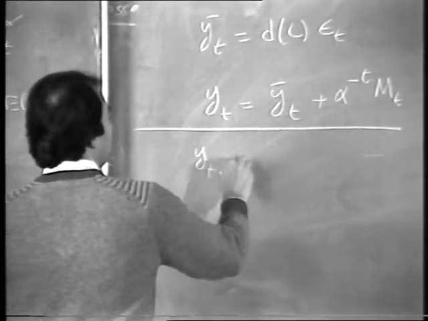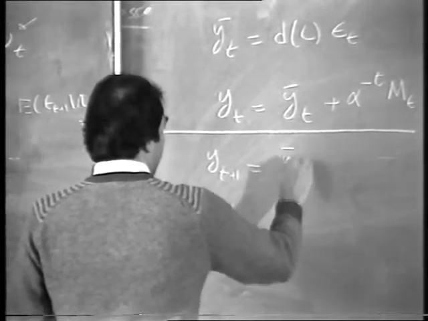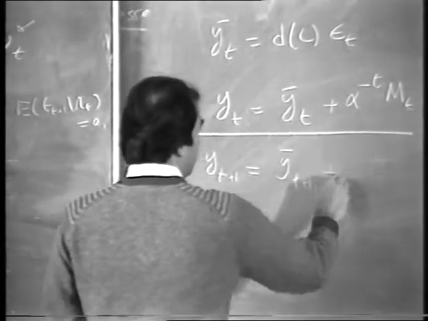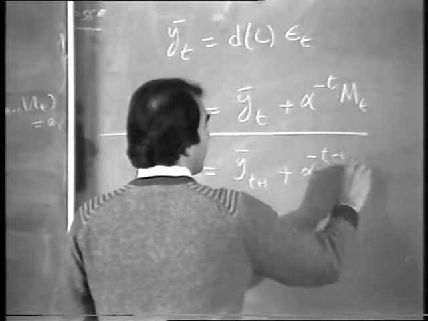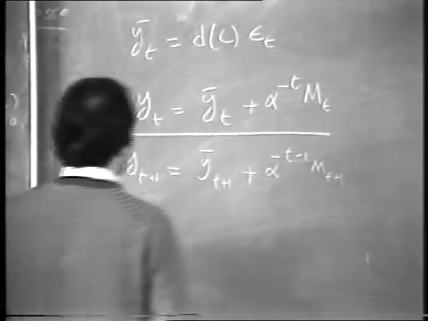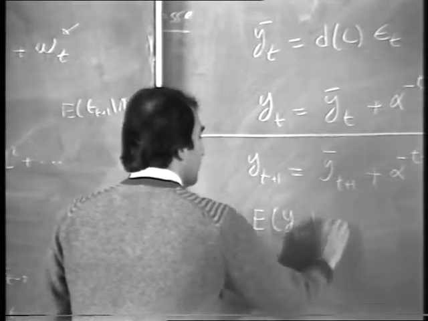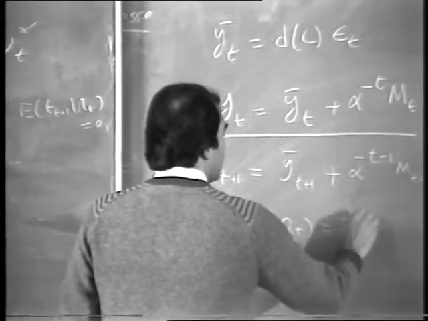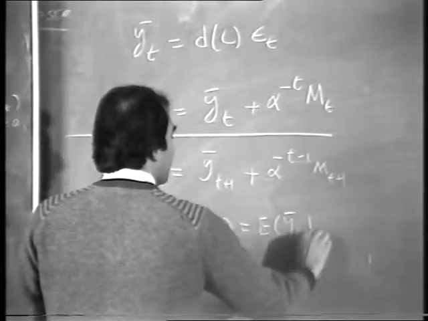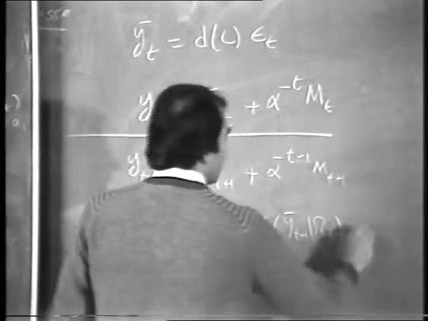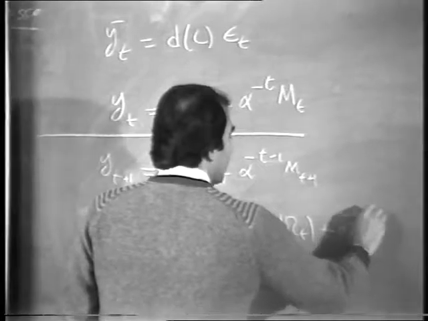First, we have Yt plus 1 would be Yt bar plus 1 plus alpha to the minus t minus 1 mt plus 1. So therefore, the expected value of Yt plus 1 given the information set becomes the expected value of Yt bar plus 1, given the information set, plus alpha to the minus t minus 1.